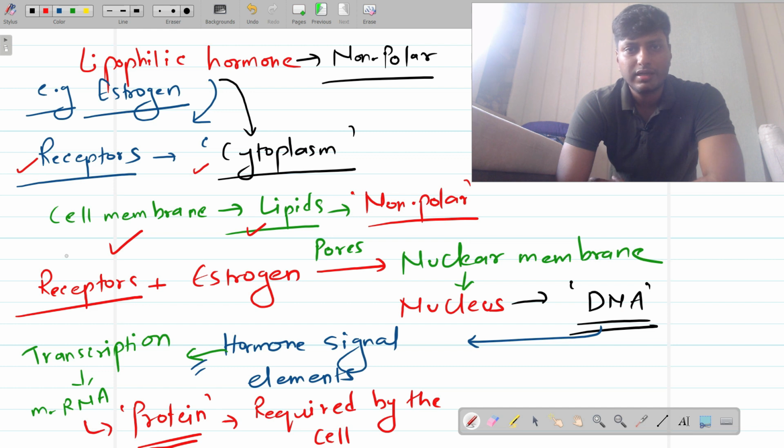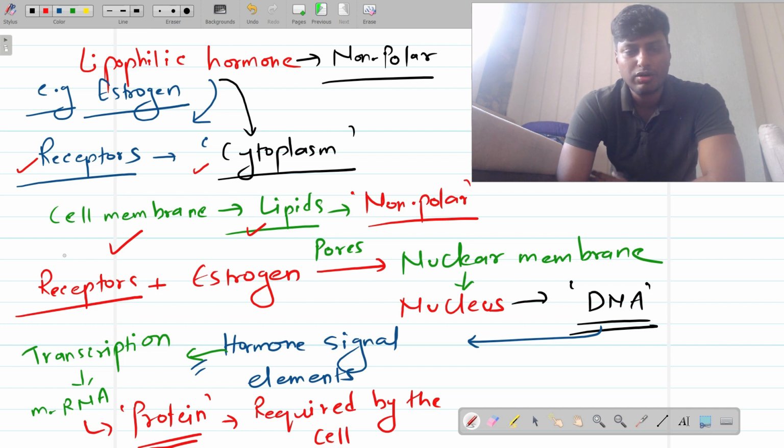So we know that a lipophilic signal can easily pass across the lipid portion of the cell membrane. So these signals which are lipophilic in nature, an example is steroid hormones. So these steroid hormones can easily cross the cell membrane.